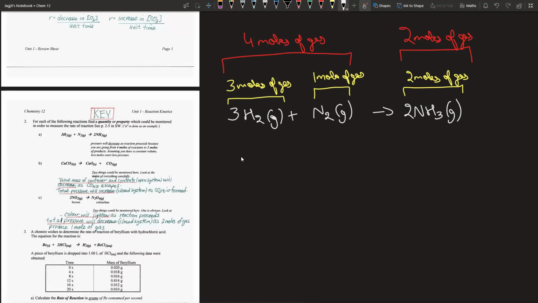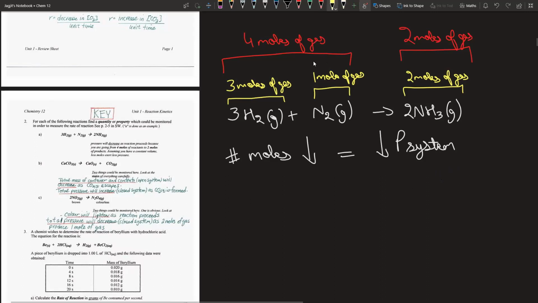Okay, remember this. Whenever your number of moles decrease, it means the pressure of the system will decrease as well. Keep that in mind.